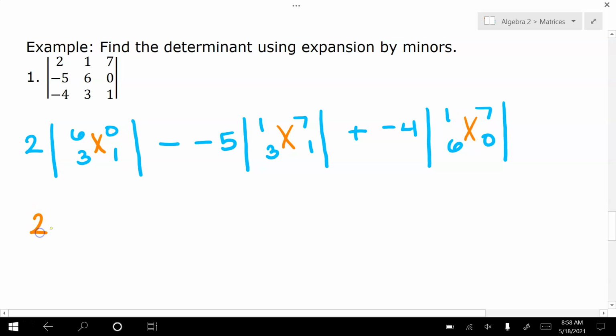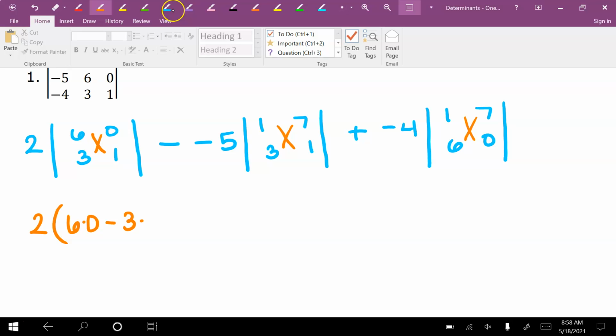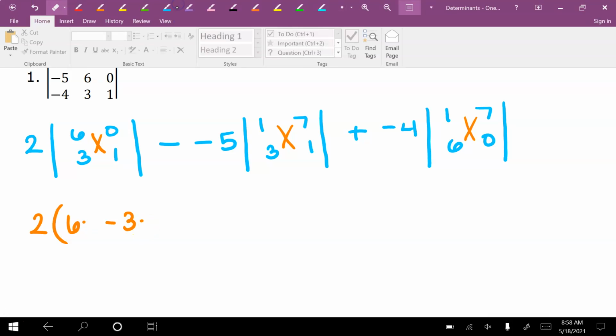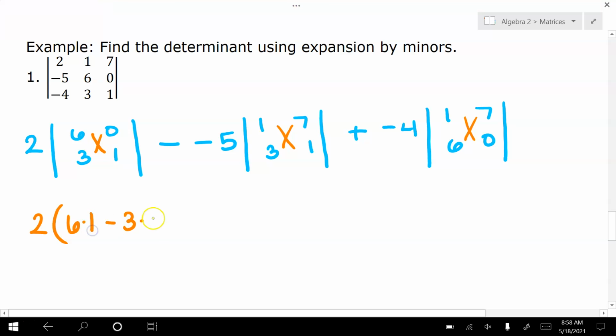So this first one will have 2, and then inside we'll have 6 times 0 minus 3 times 1, 3 times 0. So 6 times 1 minus 3 times 0. For this second one, because I see the minus a negative here, I'm going to change that to a plus sign.